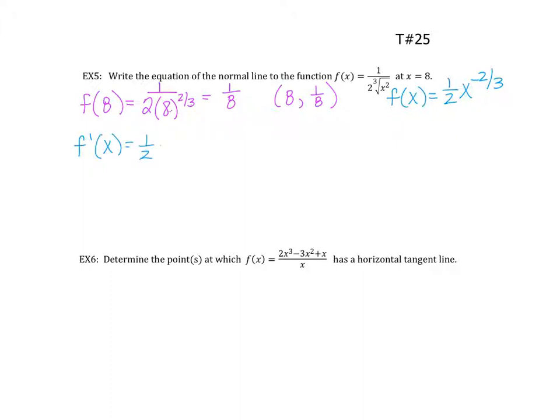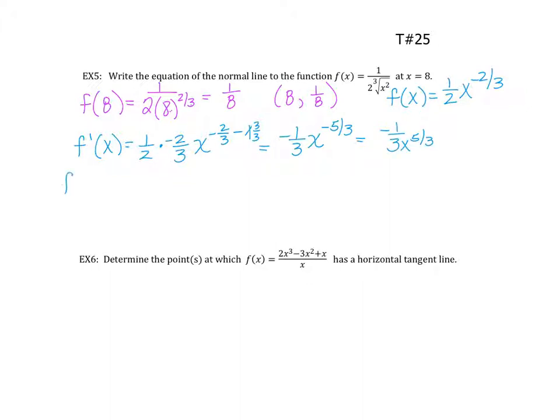Power to the front, so I'd multiply by -2/3, decrease the power by 1, so that means you subtract 1. So what do we have? We have -1/3 x to the, I'd have to change that to 3/3, so -5/3, which means it looks like this.